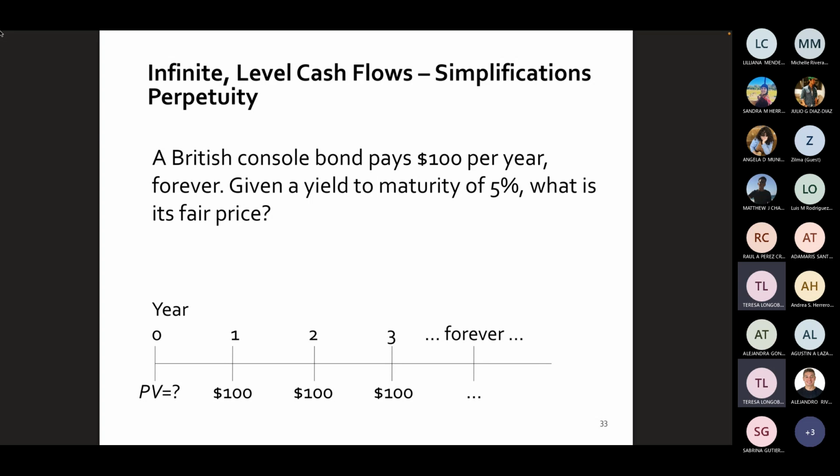It pays $100 a year. These are available in the UK from the government, and they offer $100 per year forever. The one we're going to discuss has a yield to maturity of 5%. In other words, it has an implicit interest rate.